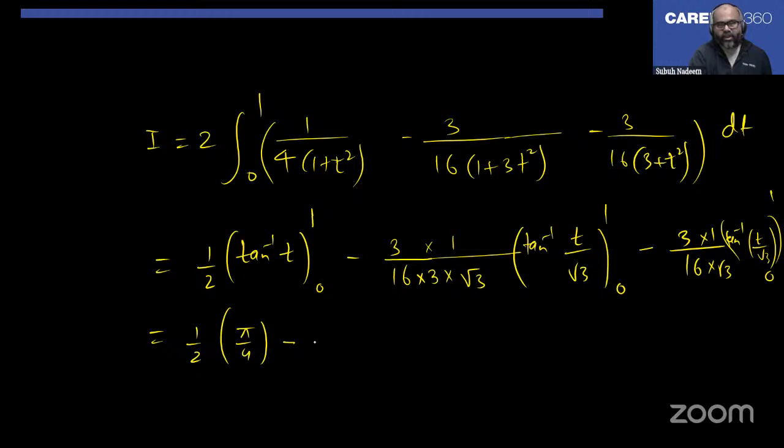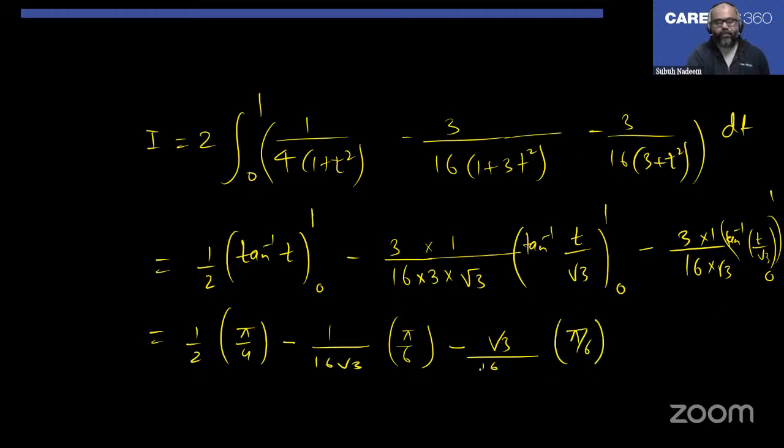Next is 3 cancel, 1 by 16 root 3, and tan inverse 1 by root 3. So tan inverse 1 by root 3 is pi by 6. And tan inverse 0 is 0. Then here we have 3 and root 3 is there. So root 3 by 16 it will become. And we have tan inverse 1 by root 3 here also, pi by 6.